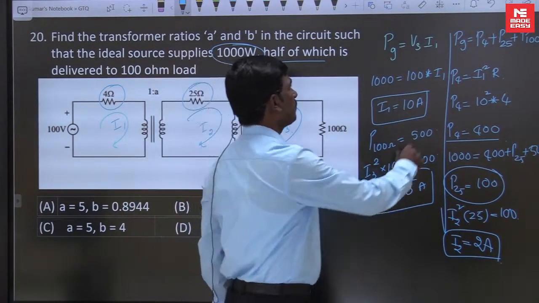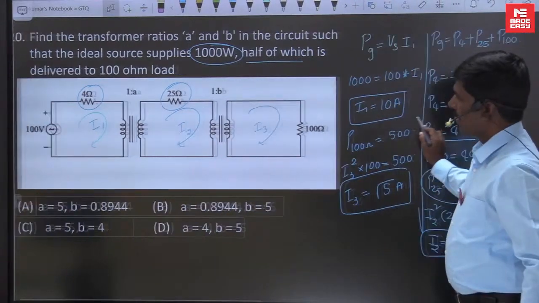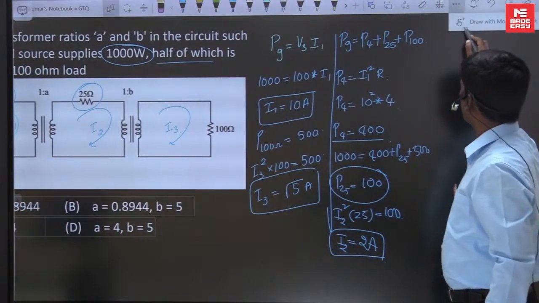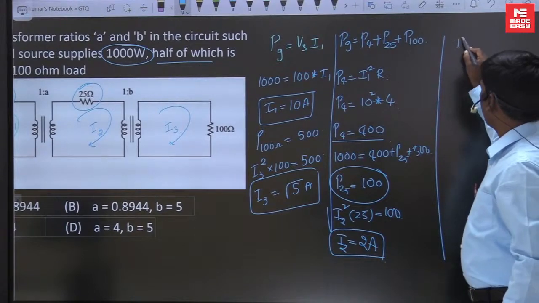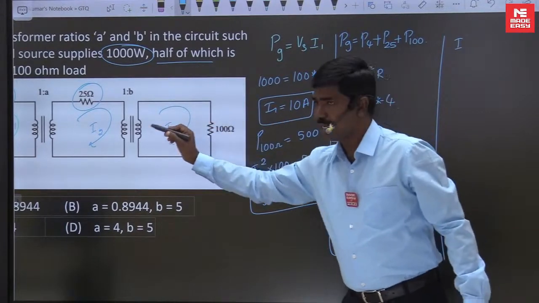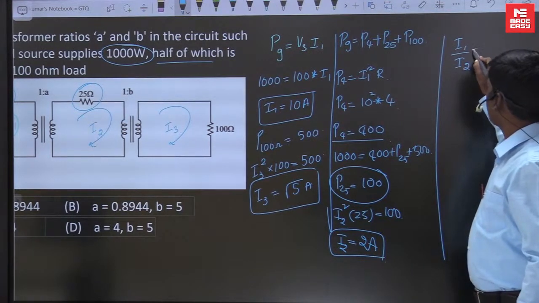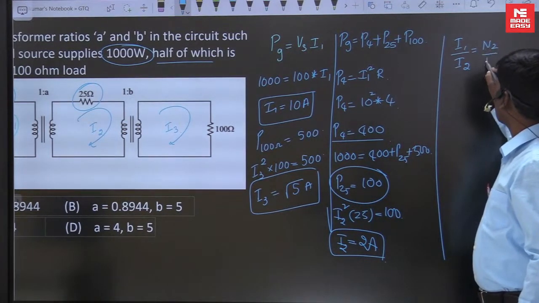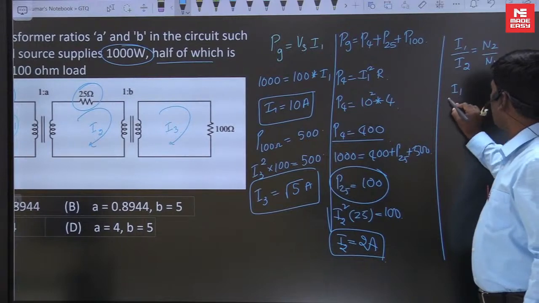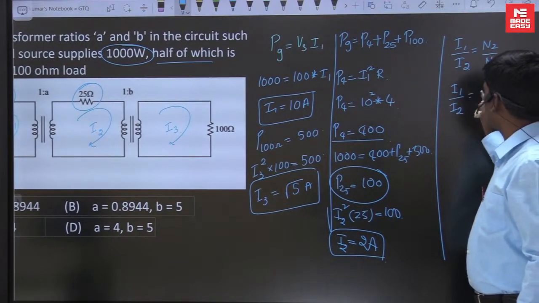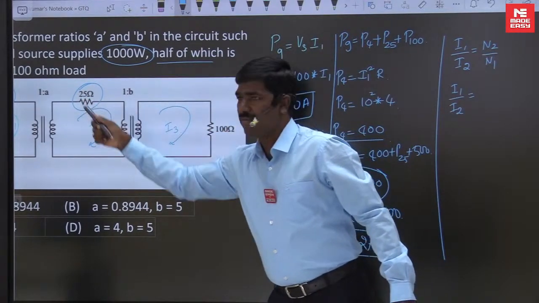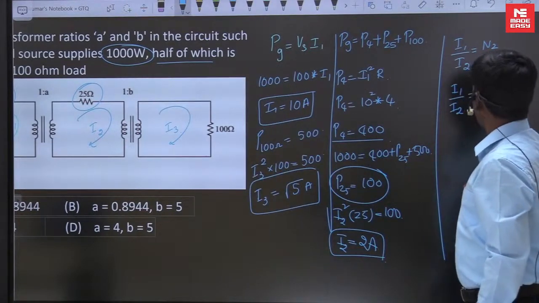So now we know I1 by I2. I1 by I2 is equal to N2 by N1, or not? I1 by I2 is equal to A by 1.